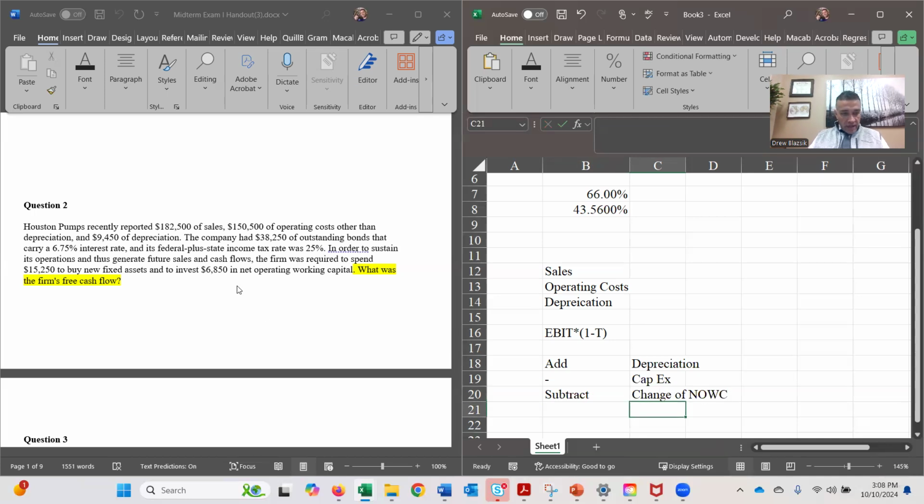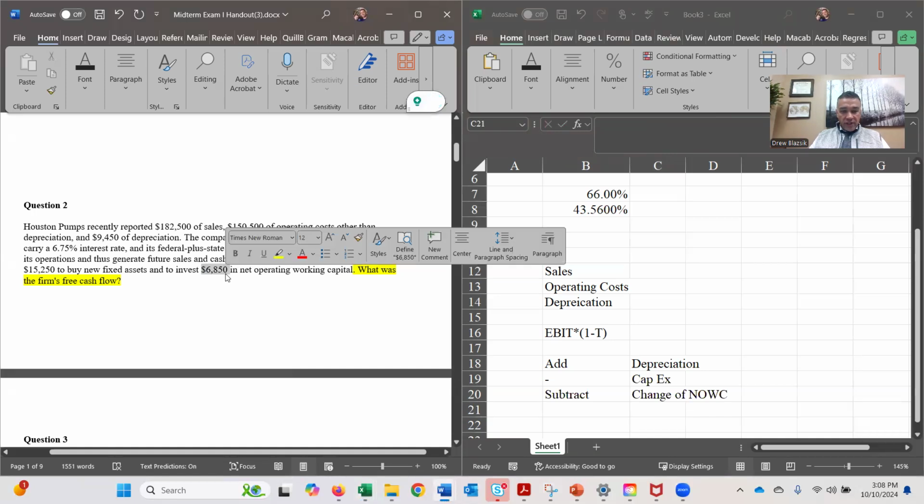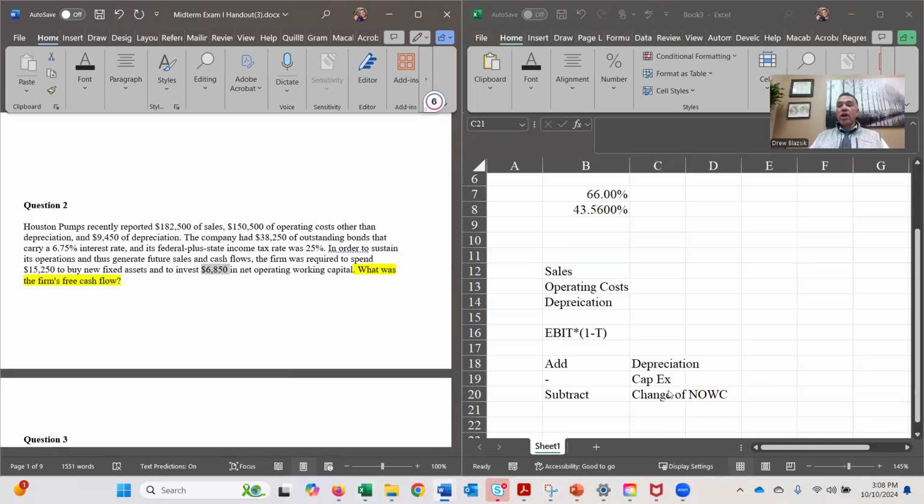And what is that amount? Oh, it's right in front of my face. That's the 6,850. So we want to subtract that. What does that mean? It increased by that amount, which means we had to use cash to buy that.